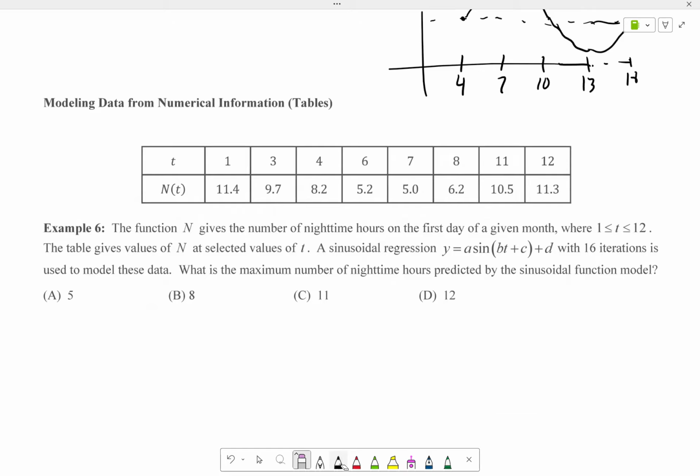Oh, what's the period? Do we need to put it in period? It's asking for it.